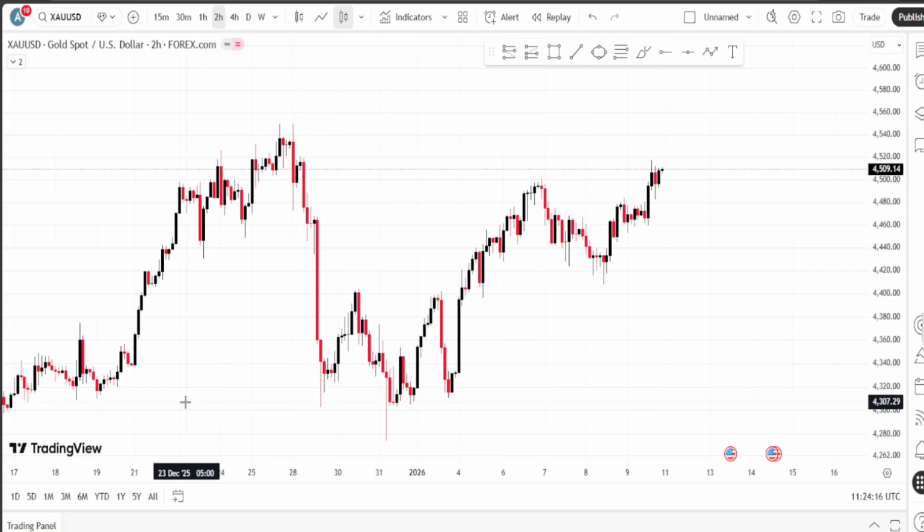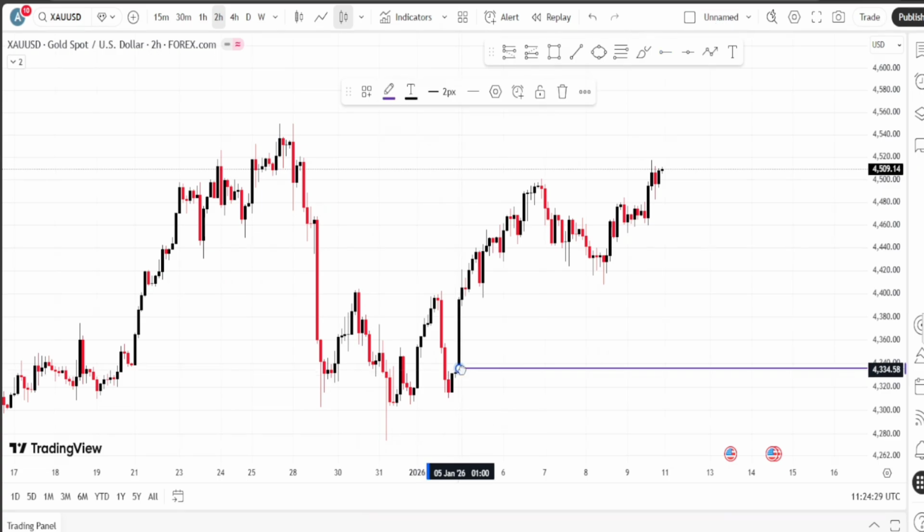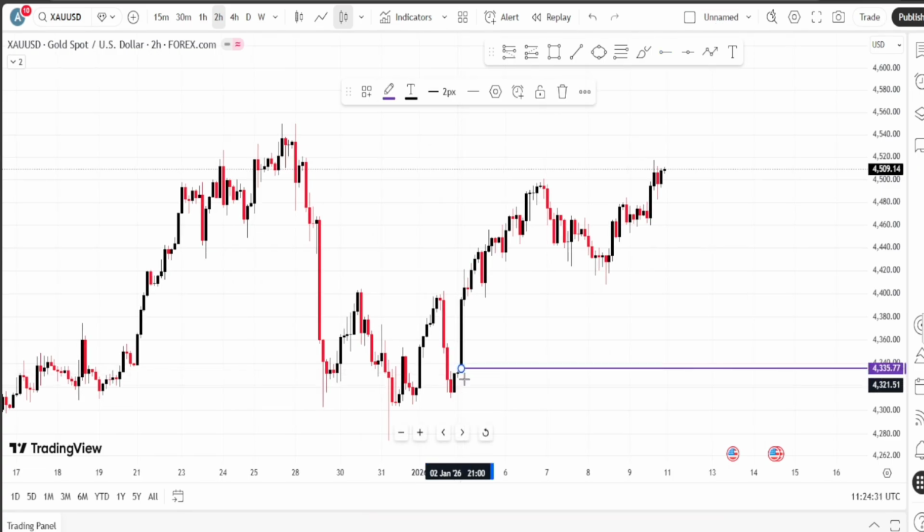I spoke about when gold, you should buy gold around this level. That was last week. I said when the market opens, we will be looking to buy gold around this level, 4331, or a little below, or 4340.